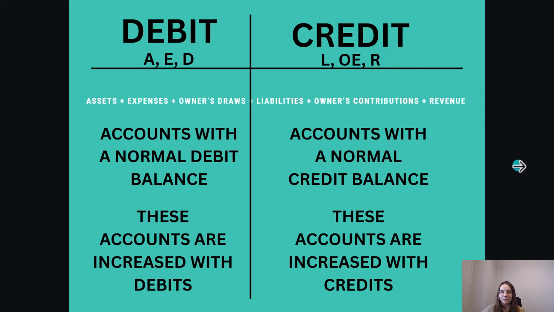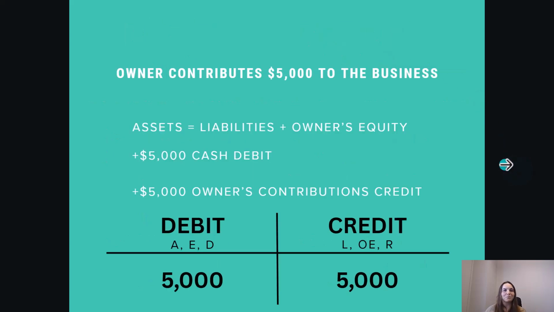Let's dive into some examples. I'm going to go through the same transactions that we looked at before. Okay, I've just added whether or not we debit or credit these. So an owner contributes $5,000 to the business. Remember, we want to make sure that our accounting equation remains balanced, right? So we're going to increase cash, which is an asset, and we're going to increase owner's contribution, which lives under owner's equity.